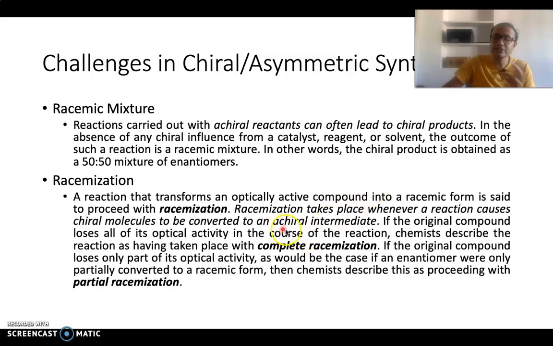Racemization can be of two types. One is complete racemization, where you get equal amounts of the plus isomer as well as the minus isomer. However, there can be partial racemization, where only partially the other enantiomer is formed. In such cases, you usually exhibit an enantiomeric excess in the reaction mixture, which I'll talk about in another video, where I'll explain what we mean by enantiomeric excess.